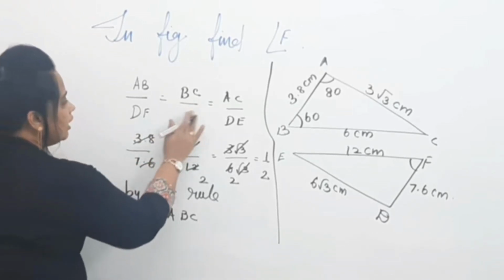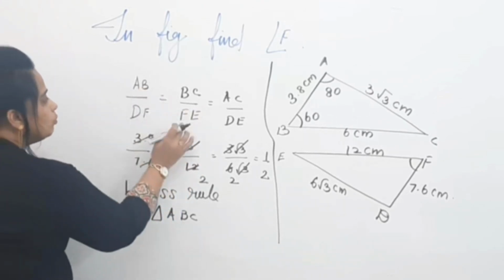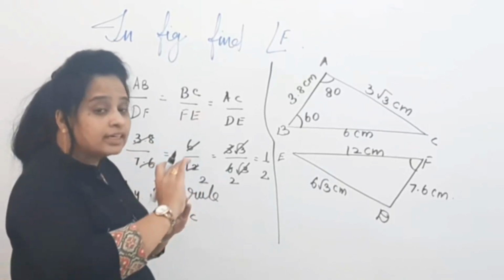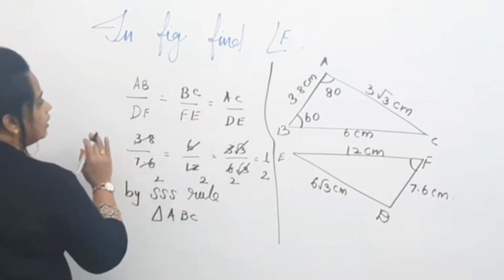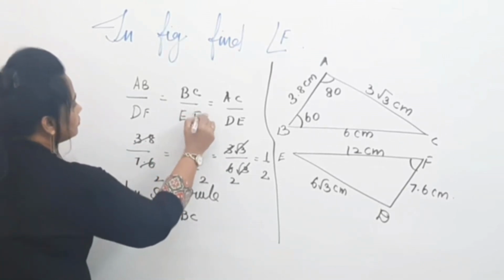So you just look here. If you write E, F and F, E, both are the same. So those two letters mean the same, corresponding vertices. So I can have my triangle as D, E, F.